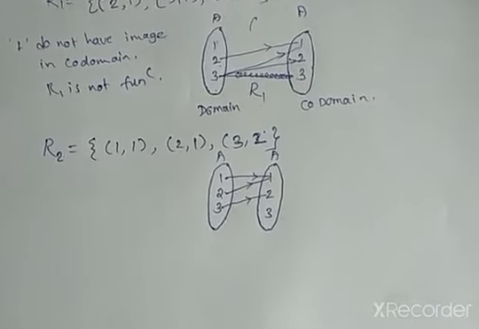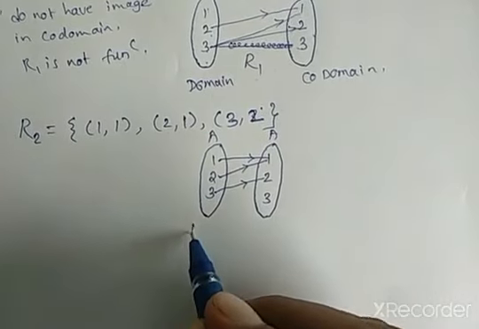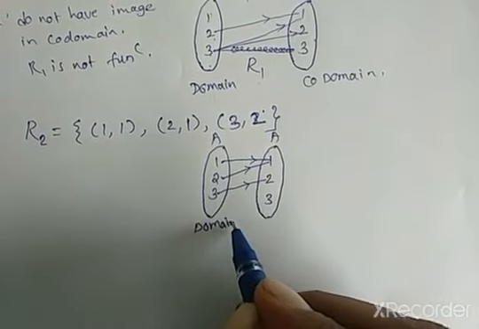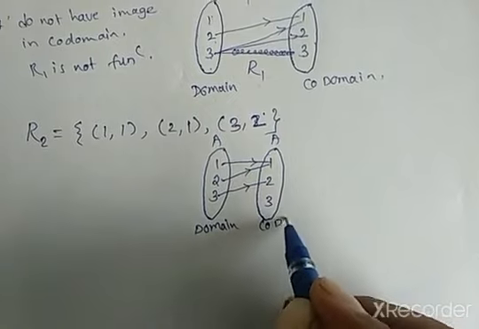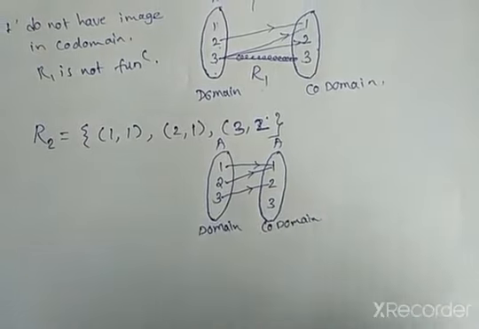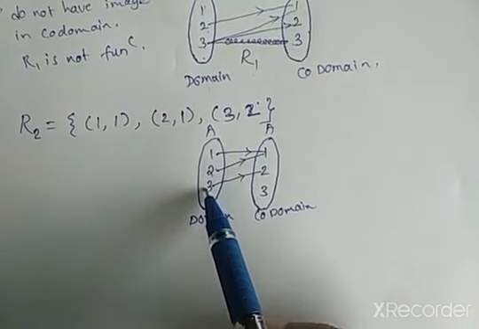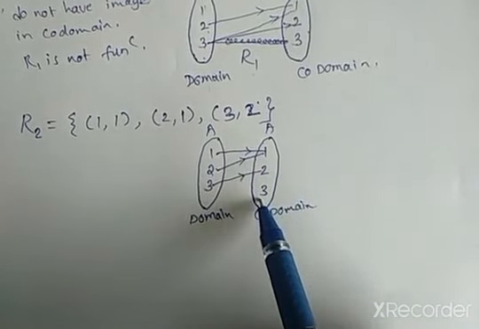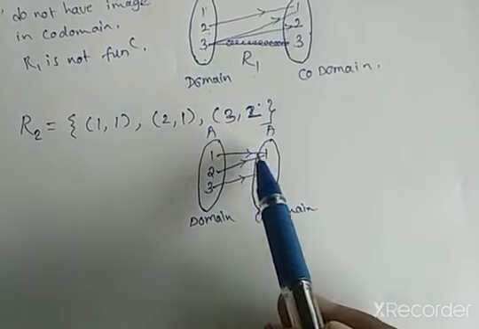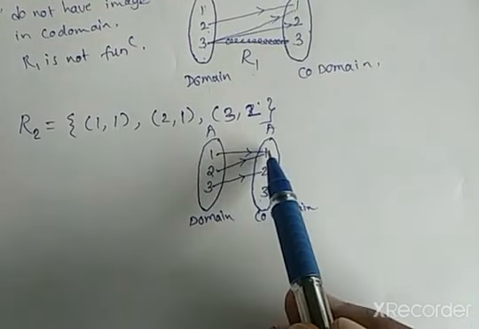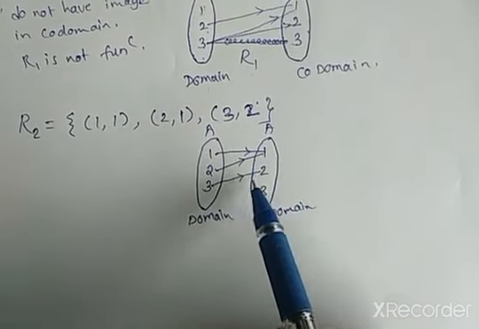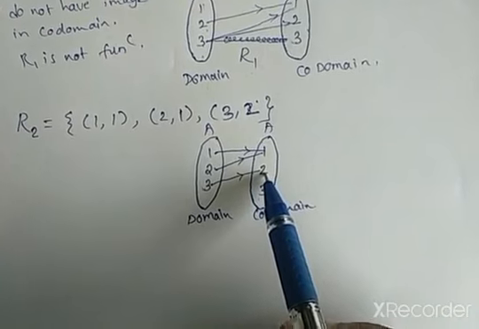Now you can see the domain and its codomain. Every element in A has an image in its codomain. 1 has an image 1 only, 2 also has image 1, 3 has an image 2.